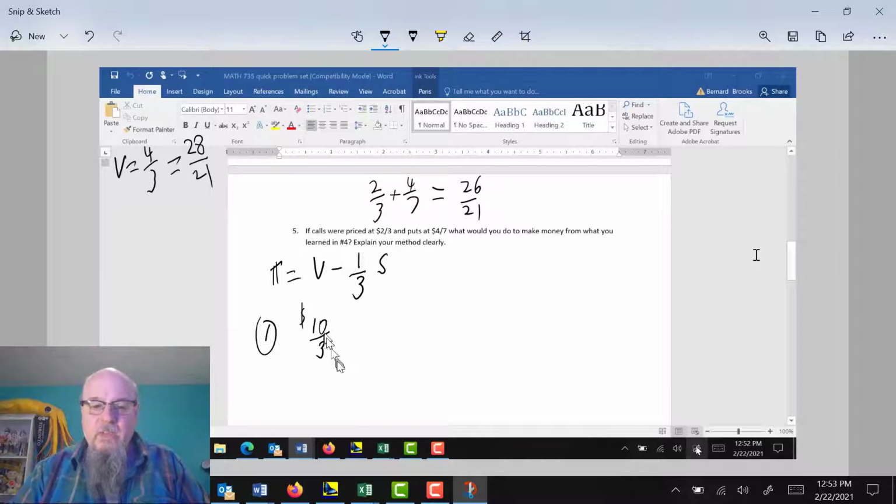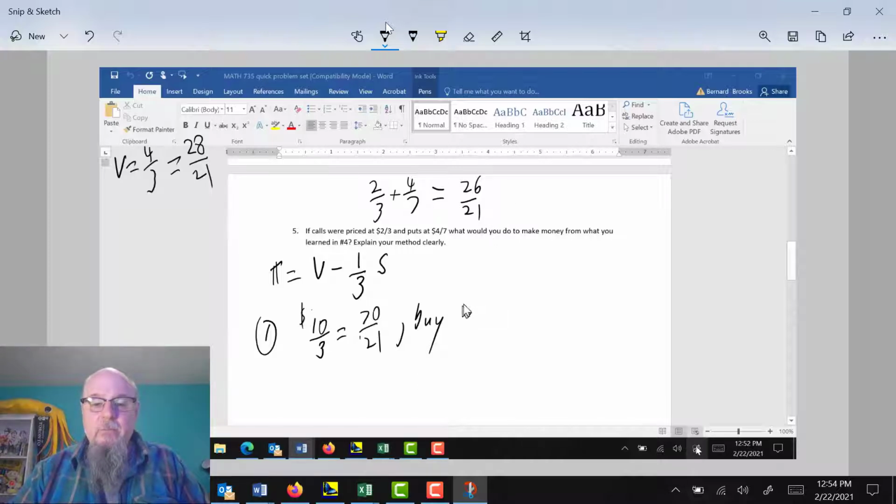Let's do everything in terms of 21s to keep the fractions nice. So that's going to be 70/21. Somebody gives me 70 21s worth of monies, and I got to buy one of these straddle options that cost me 26 21s.